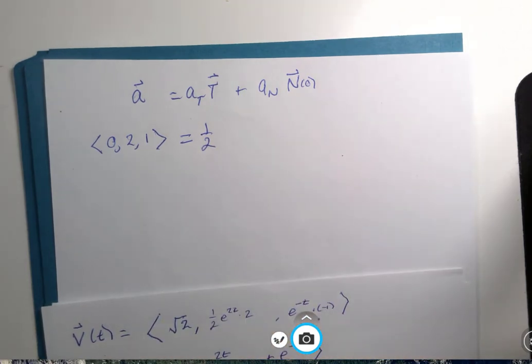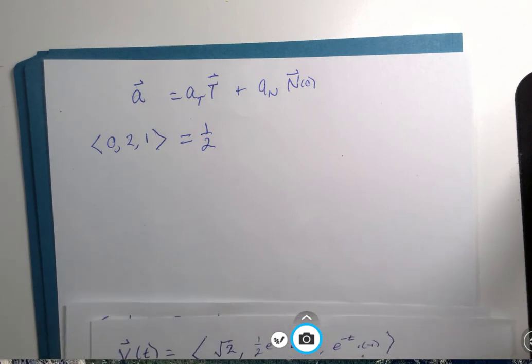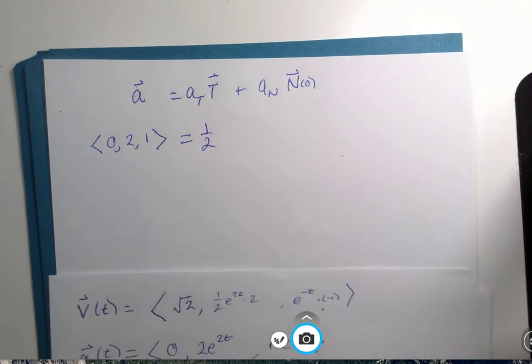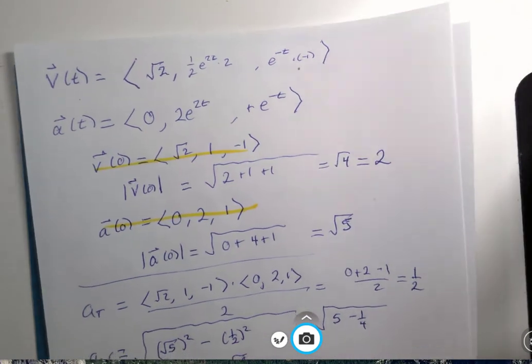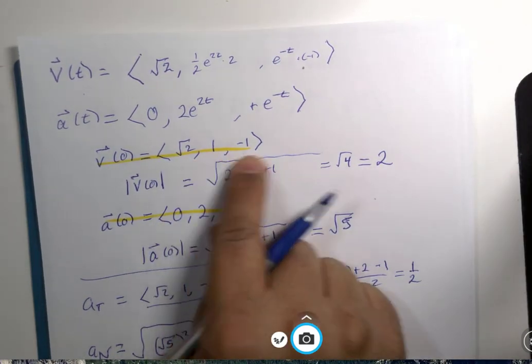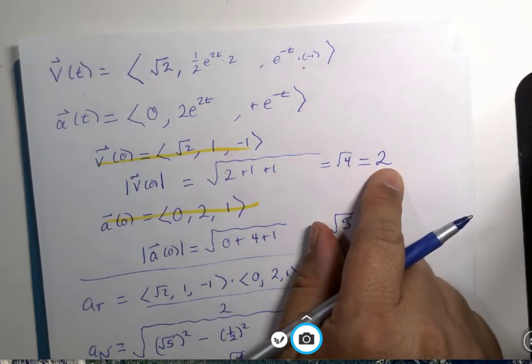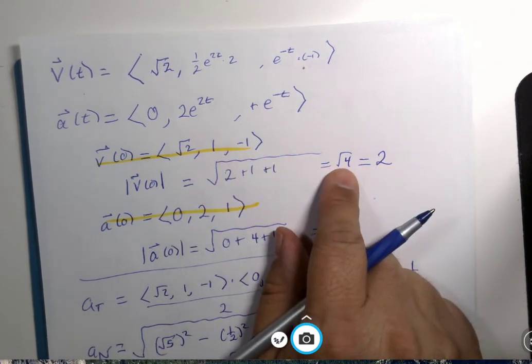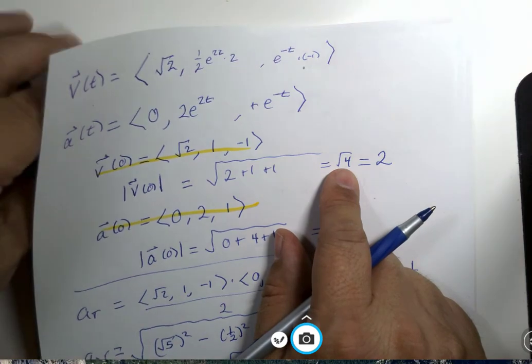And hey, I don't know that I found the unit tangent vector. How do I do that? Well, that's the velocity vector divided by its magnitude. I even wrote it so it's almost on the paper. Not quite, it's close.